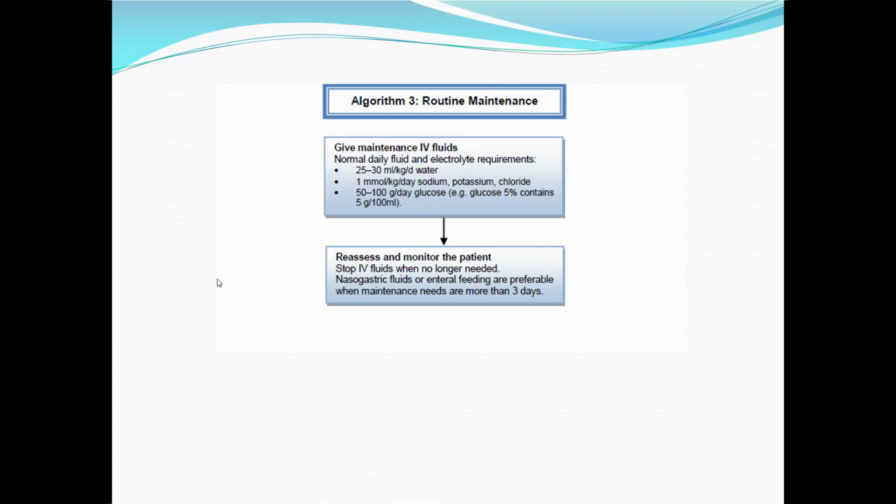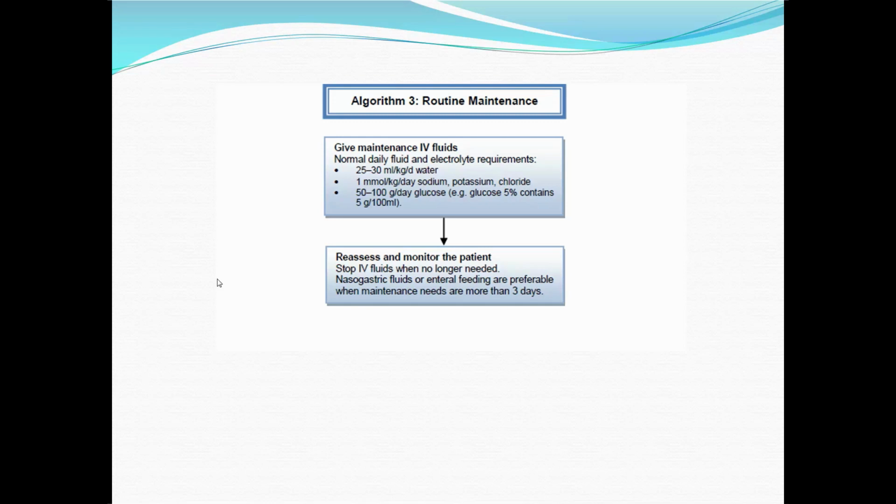Sodium loss, sodium of about 1 to 2 milliequivalents per kilo per day, potassium about half that. The glucose isn't so much a replacement, but it's based on some old nutrition studies that show when you're fasting and you utilize all of your glycogen stores, then you'll begin breaking down muscle.